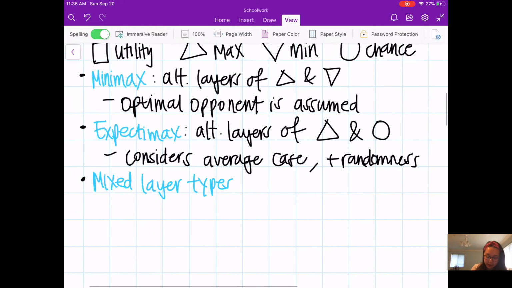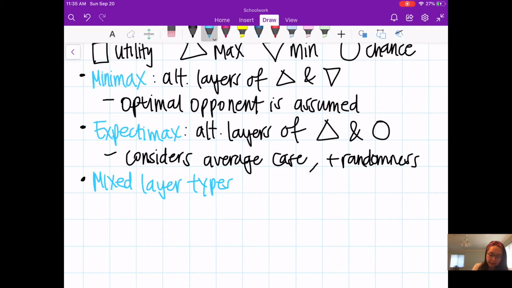With game trees, we always talk about this idea of pruning, and specifically alpha beta pruning.